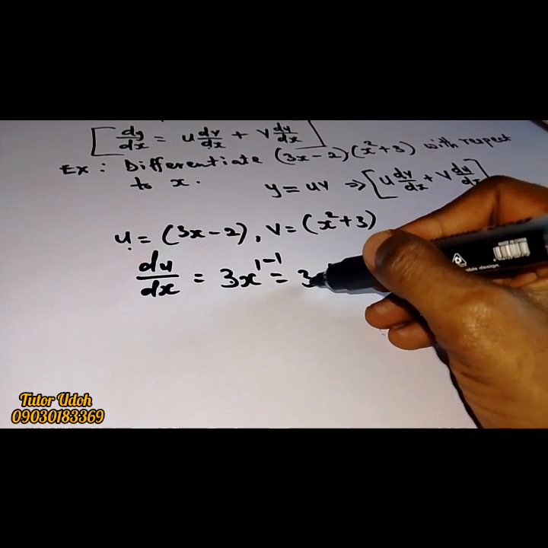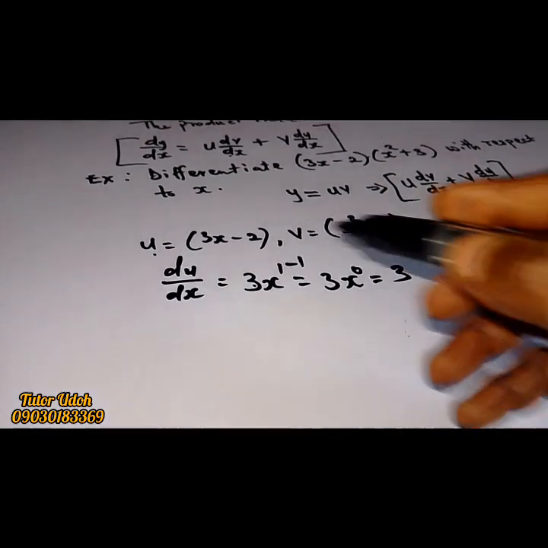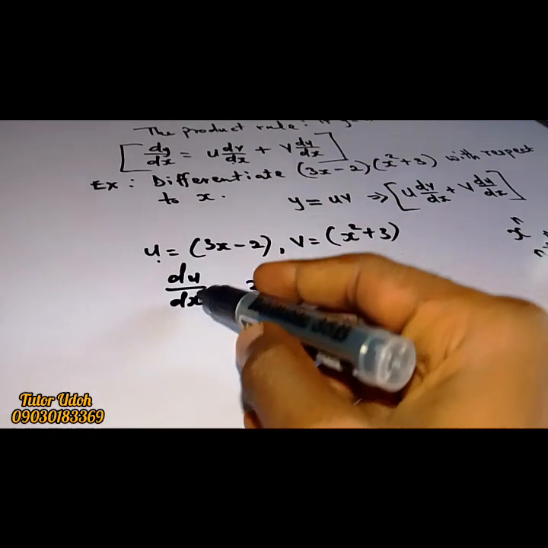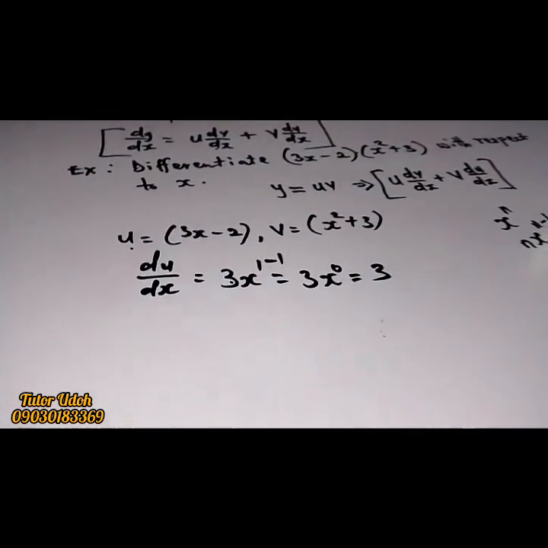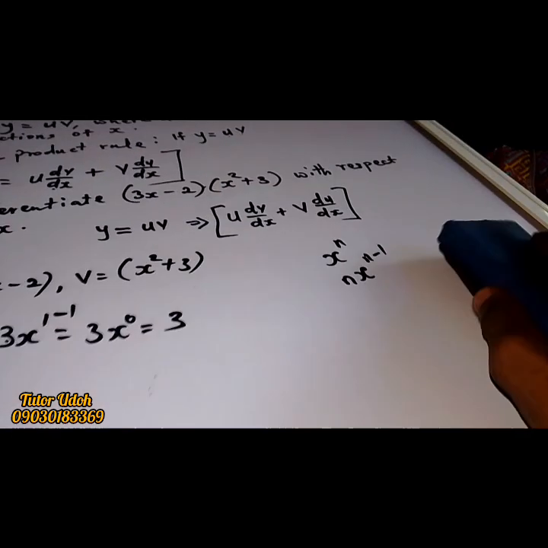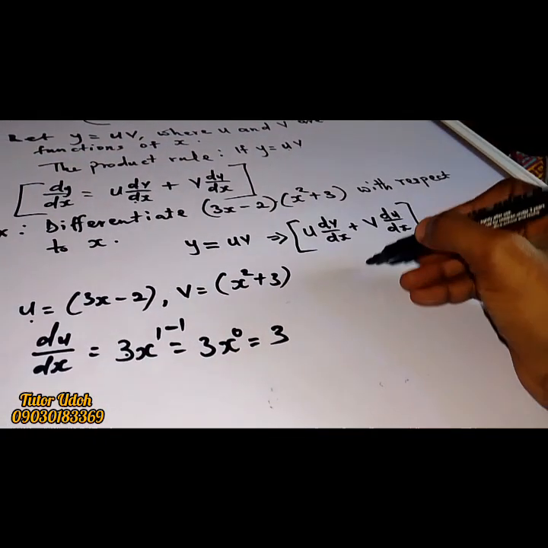So that becomes 3 times 1, which is equal to 3. So the derivative of this 3x is equal to 3. So we now know that du/dx is equal to 3. We can use the same method to find dv/dx.